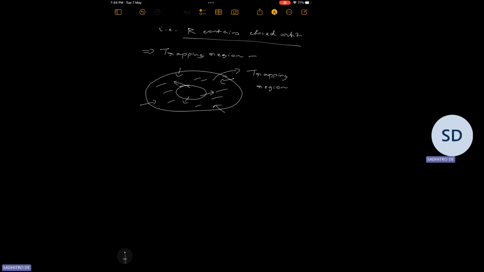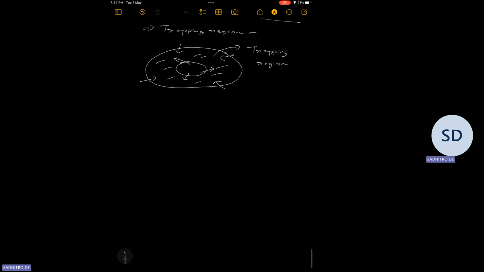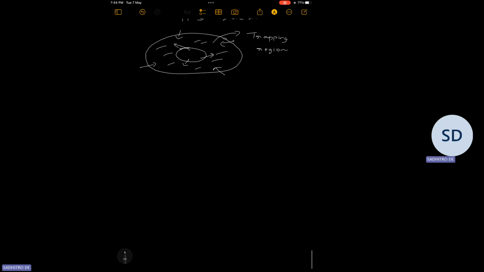Now here we start off with an example to see whether a limit cycle can exist or not by constructing a trapping region or from the Poincare-Bendixson theorem.